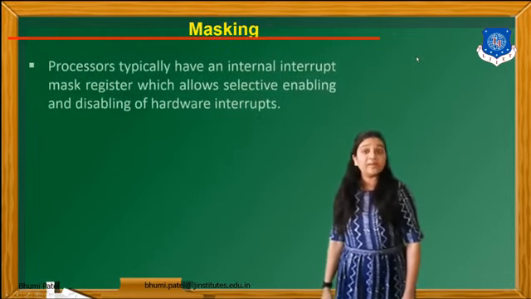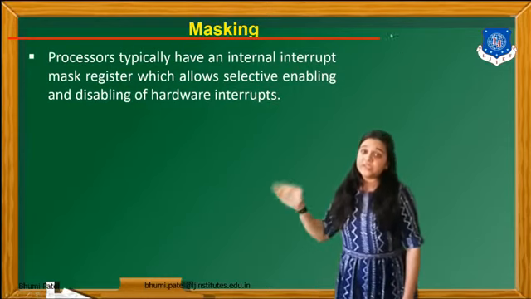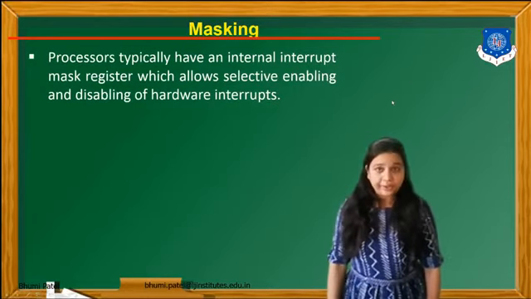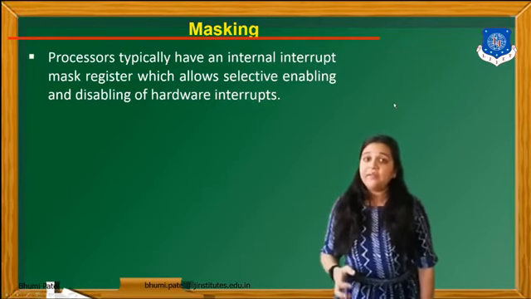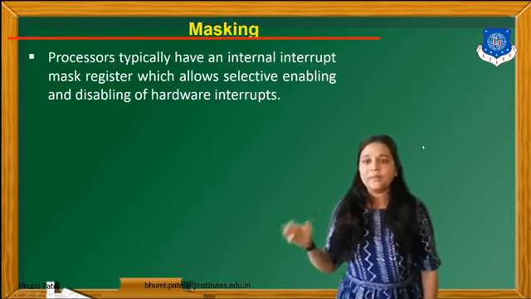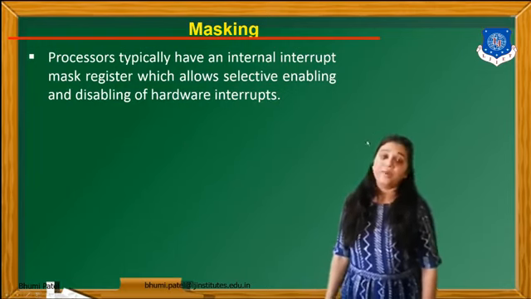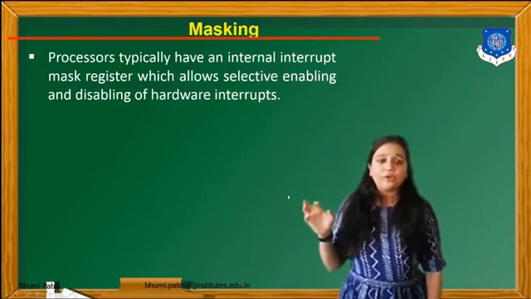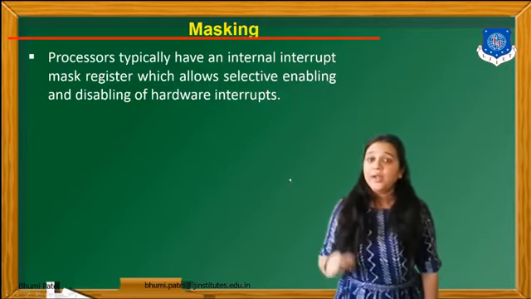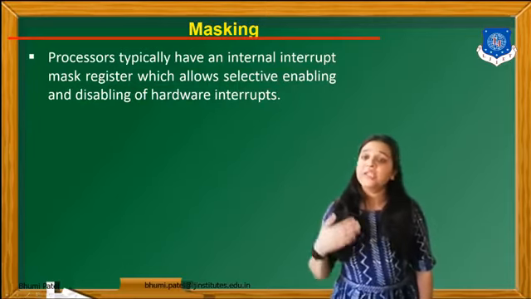Now the third one is masking. Processors typically have an interrupt mask register which allows selective enabling or disabling of the hardware interrupt. If we can enable or disable a particular hardware interrupt, that time we use masking.